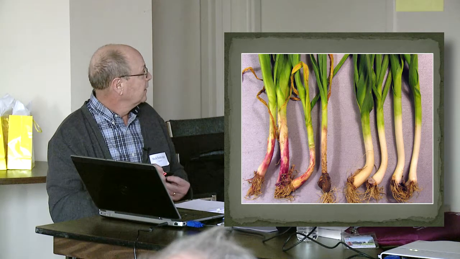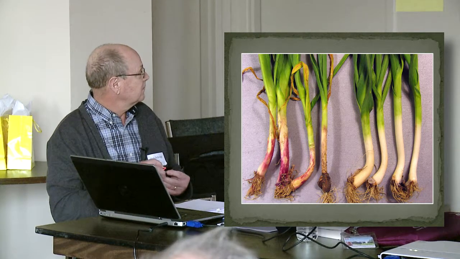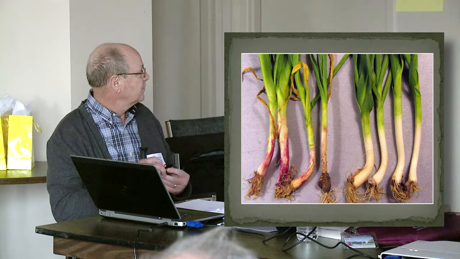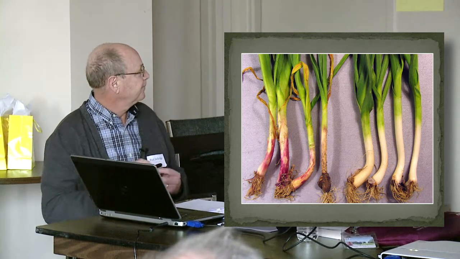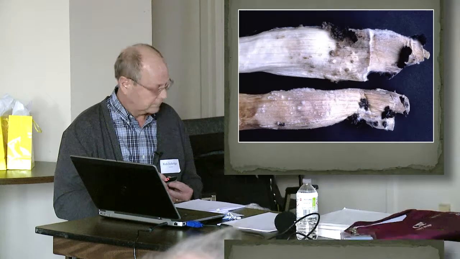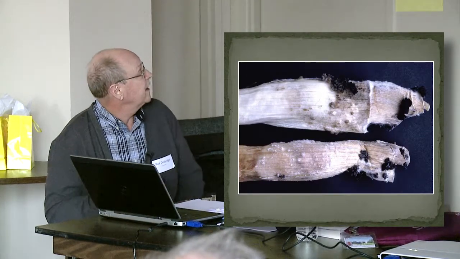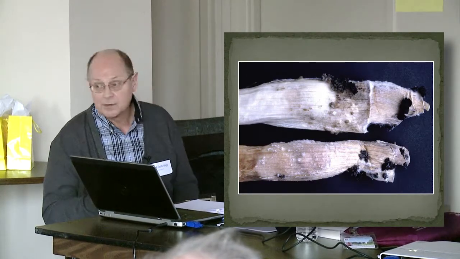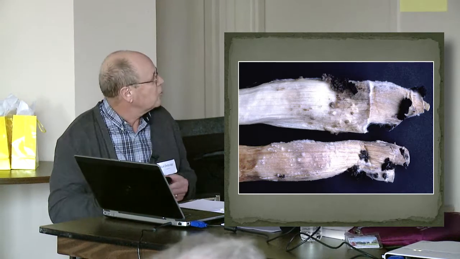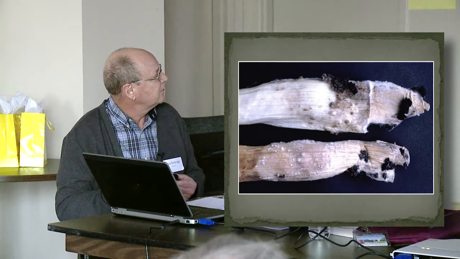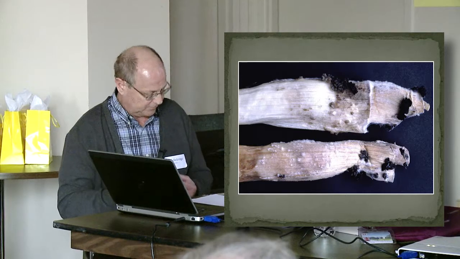You can see the lesions just starting on these plants here, right there. This is actually leek, but I put it in to show you an example of the sclerotia. They're much larger than the white mold.